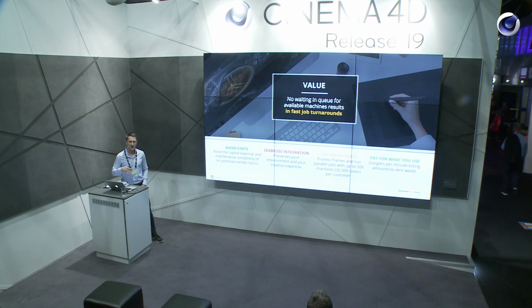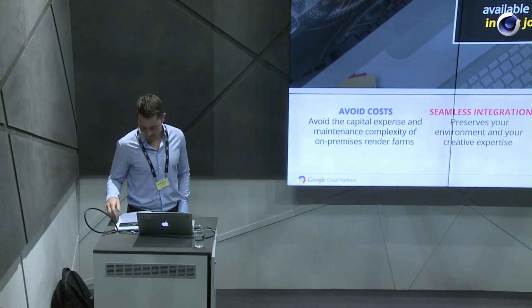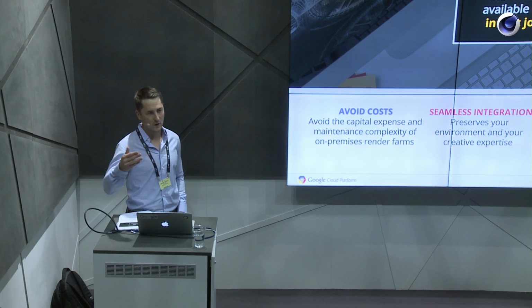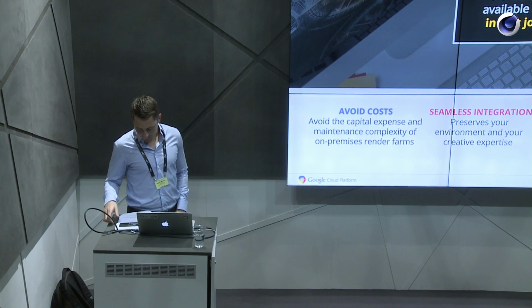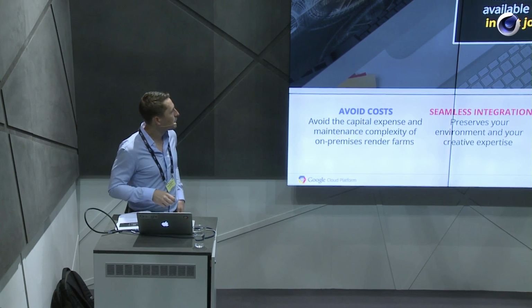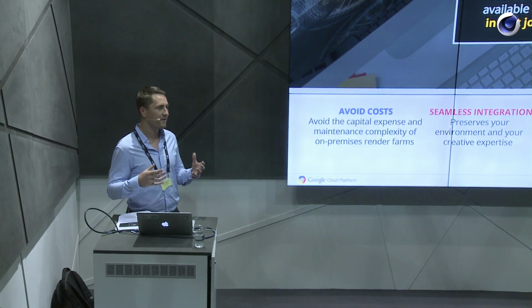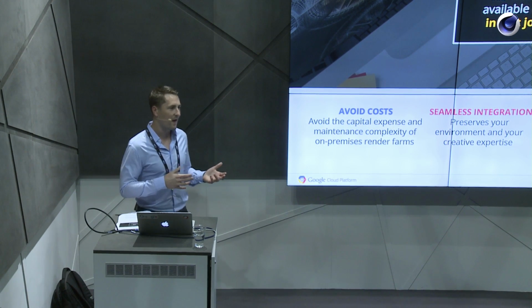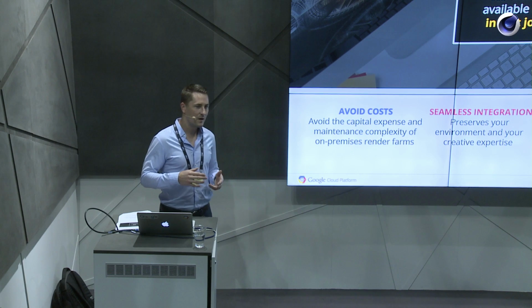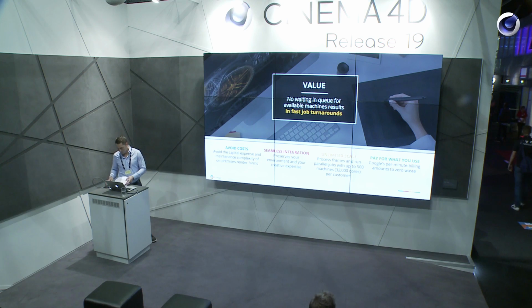They get their jobs back quicker, so then they can focus on building the scene and not worry about waiting for jobs to come back. So I mean, really the value is that instead of buying an on-prem render farm, it allows you to take advantage of the cloud. You get unlimited scale, and then you only pay for what you use.